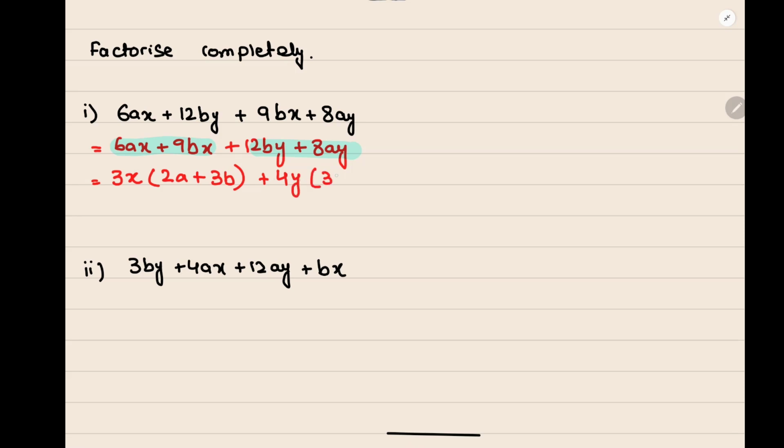Now it would be 3B plus 2A. Now you can see that my bracket things are exactly same. I can take 2A plus 3B common, and I'll be left with 3X plus 4Y inside the bracket. This would be my answer.